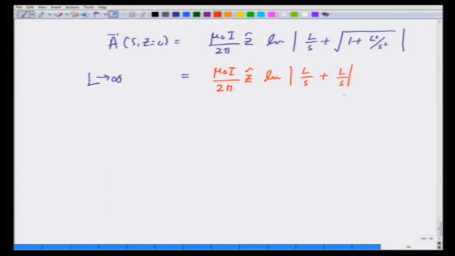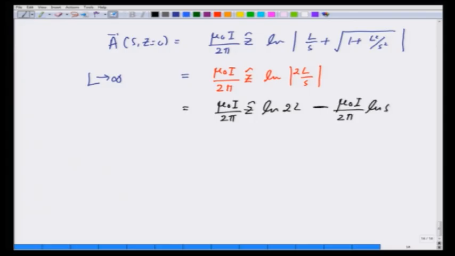So, I will erase this and write this as 2L over s, which is equal to mu naught I over 2 pi z log of 2L minus mu naught I over 2 pi log s z.